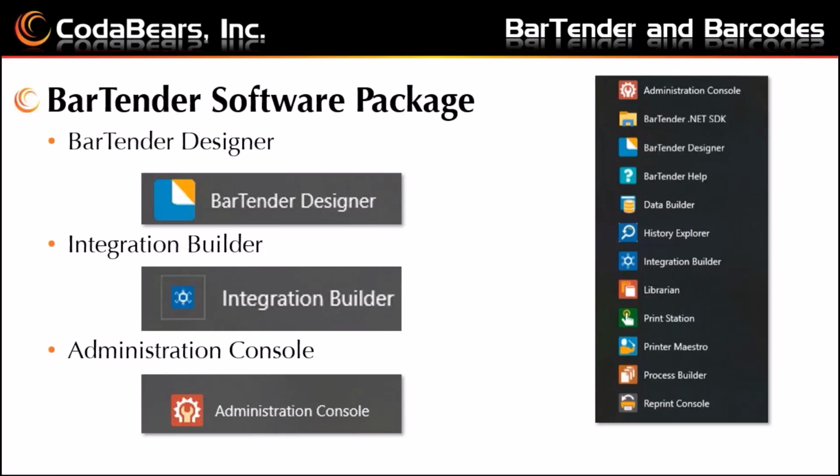Admin Console, the Administration Console, is used to set up your printers to use and to deploy your integration files once they are tested. There are many more features that will not be covered today, but you can explore them after you have installed the software or the trial version.